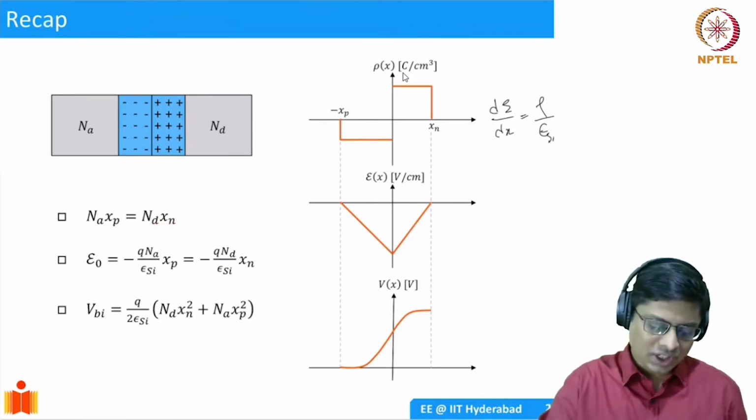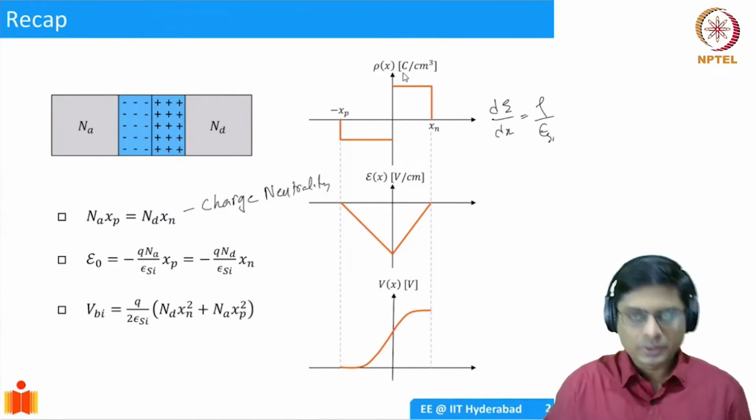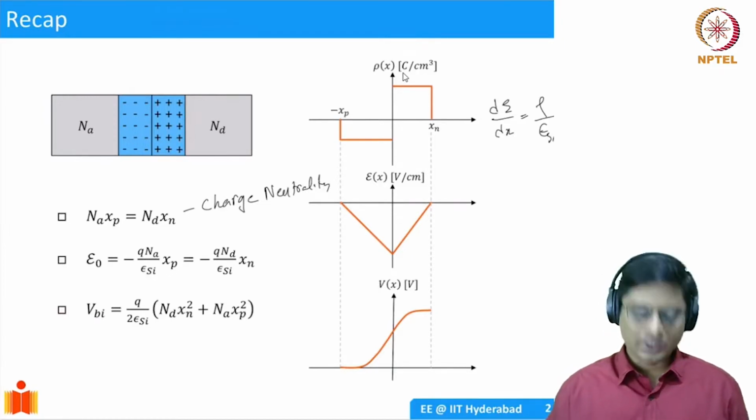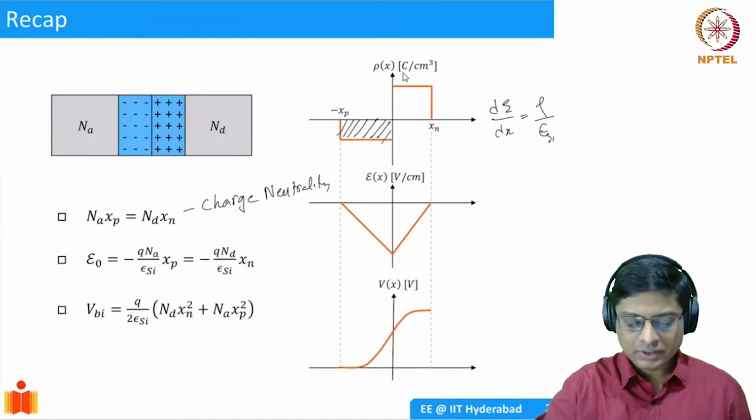This is simply charge neutrality if you look at it, right? Because you are not having any initial charge. So when the holes and the electrons diffuse, what they leave behind should be equal, the total amount of charge should be equal. So it's essentially the area here on the P side should be equal to the area on the N side.